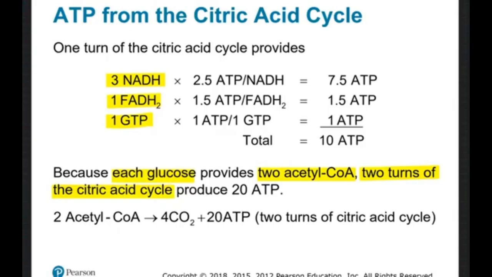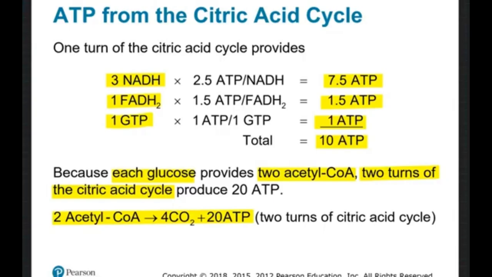So 3 NADH in 1 turn, 7.5 ATP, 1 FADH2 in 1 turn, 1.5 ATP, and then another ATP from phosphorylation. So you get 10 ATPs per 1 turn of the cycle. Does that make sense to you? 2 turns give you 20 ATPs.